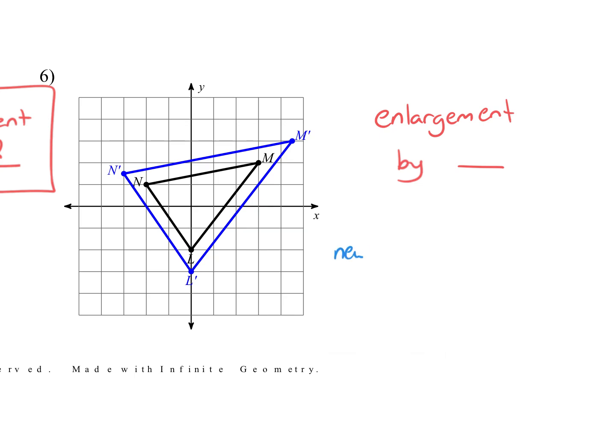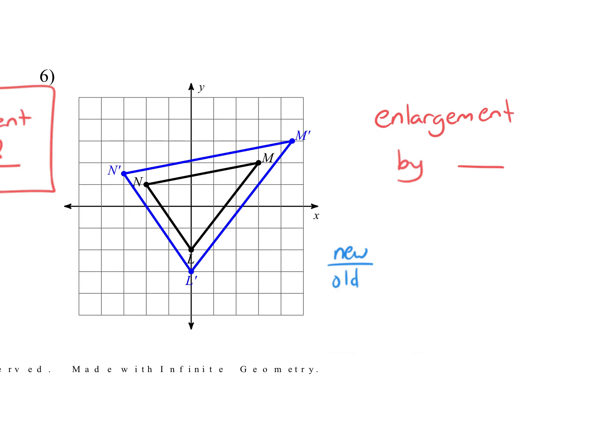New divided by old. Now, if you picked M, what do you notice about M? It's not like a nice point, right? It's not on a perfect coordinate there. So I would pick the one that's on perfect coordinates so you don't have to worry about decimals and all of those things. So which one should we choose?